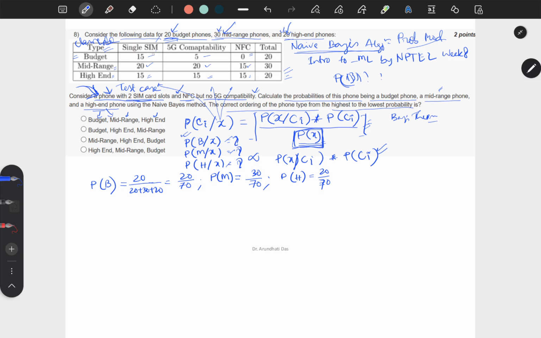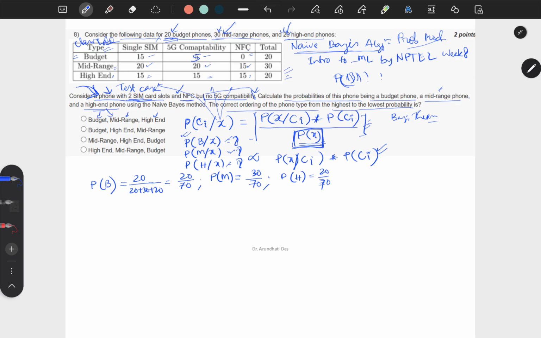Those which are not having single SIM are having 2 SIM card slots. And then NFC is directly given. Then there are few numbers given to us having the 5G compatibility. All those which are not 5G compatible, those numbers we also need to find out.